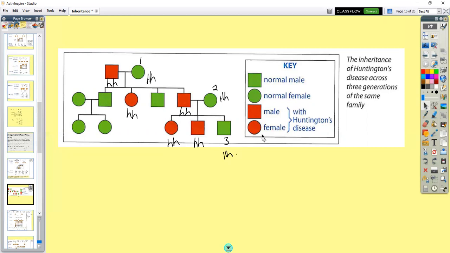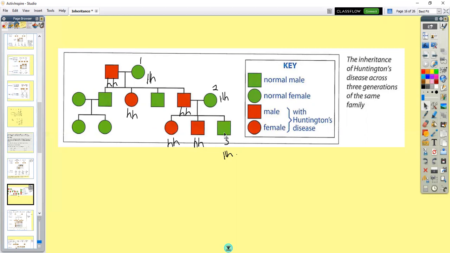But depending on how these squares and circles are shaded, it gives an idea of whether they suffer from a disease or not. Here, for example, this person suffers from Huntington's, which is a dominant disease. If it was hemophilia, as I've drawn on here, you'd have small h, small h, and so on.